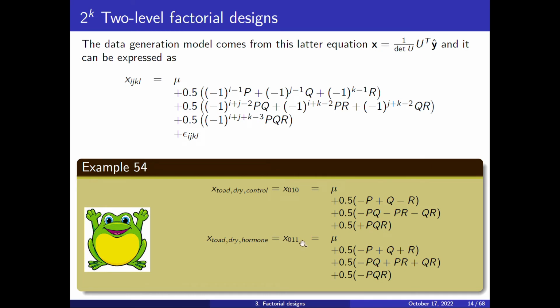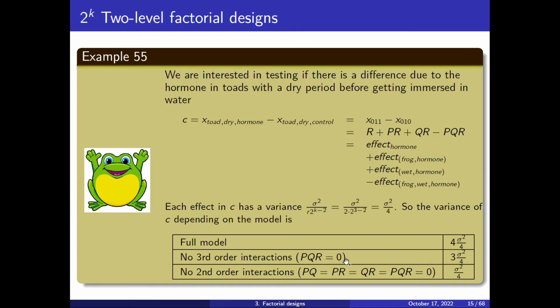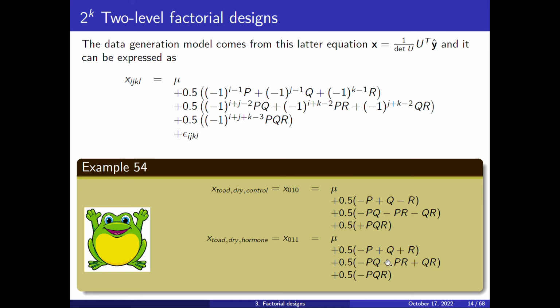And now you try toads dry, so these two are the same, but now with a hormone. So now K will be 1, and now it is this one. At some point you will be interested in comparing the hormone control for toads dry, for dry toads. So it will be this comparison, and this comparison you simply subtract this one minus this one.